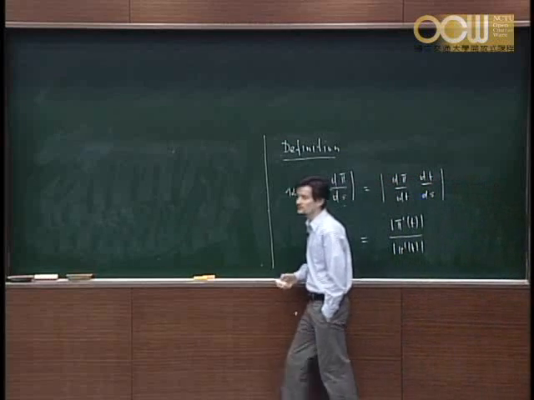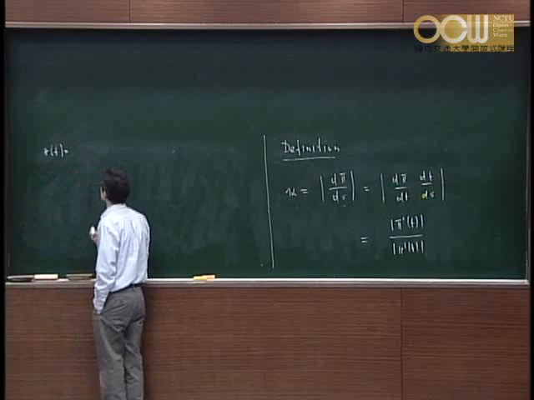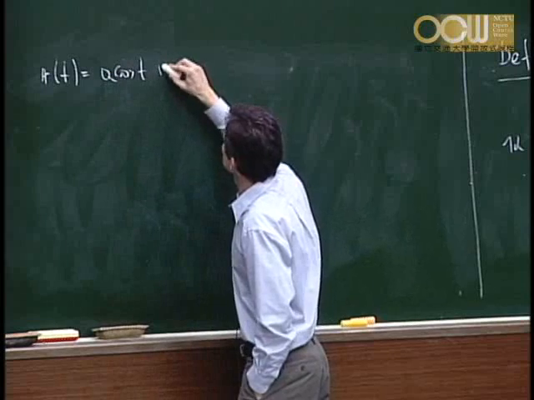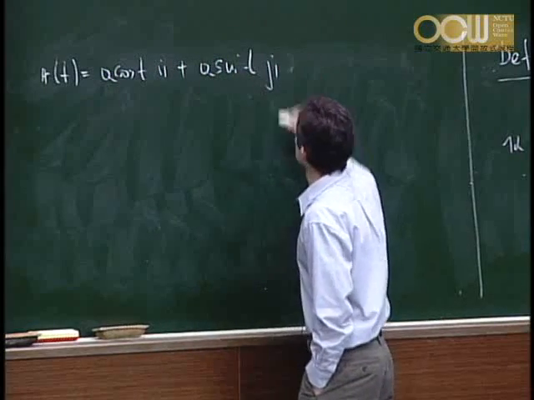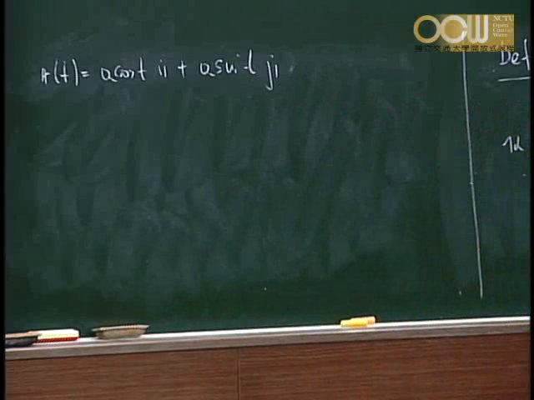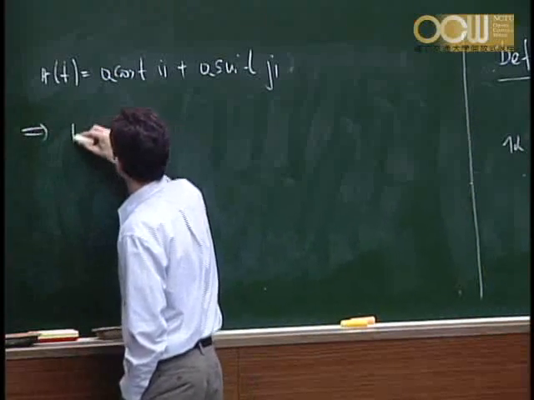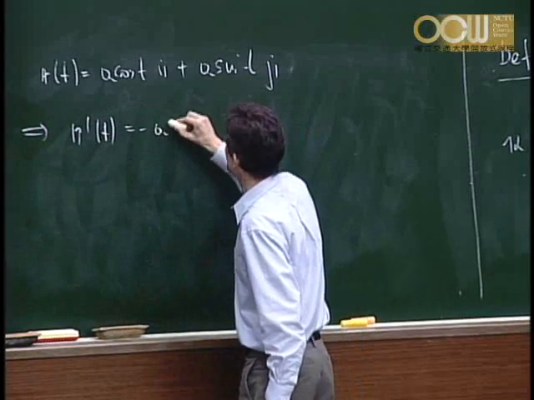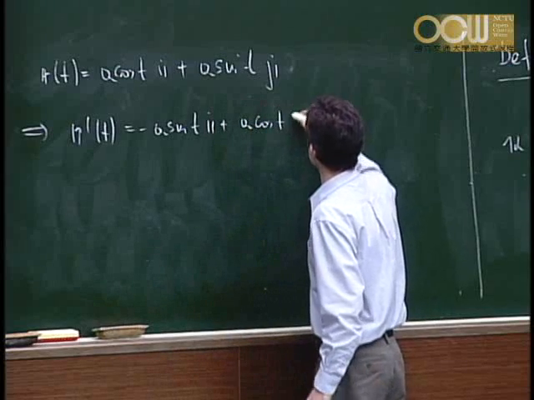So let's look at the circle, let's say with radius a. This is the parameterization of the circle. Now, what do we have to compute? We have to compute the derivative, which is minus a times sine t i plus a times cosine t j.